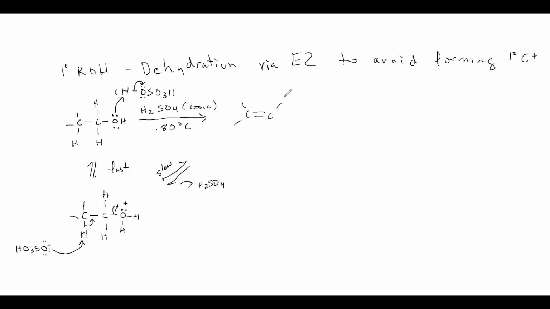Here's the primary, right, or the terminal alkene that we're forming. And we have eliminated a molecule of water. Okay, so we're only doing this E2 in a dehydration to avoid forming the primary carbocation.